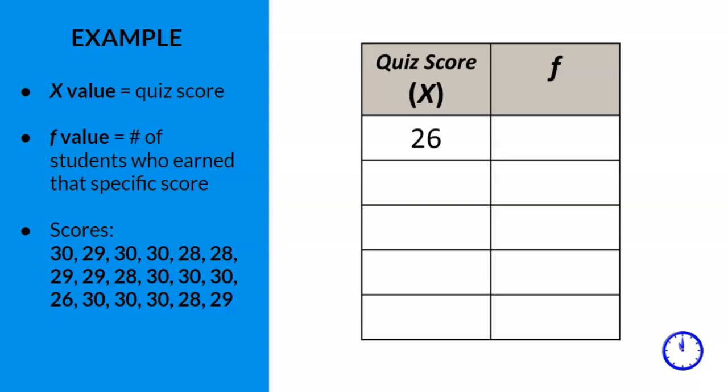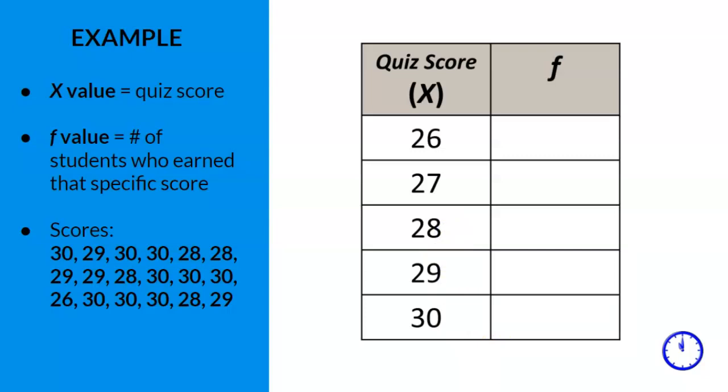The next score in the data set is a 28. So there's no score of 27. But wait, if there are X values above and below 27, then you must include the score of 27 in the table. Then we'll have the scores of 28, 29, and 30.